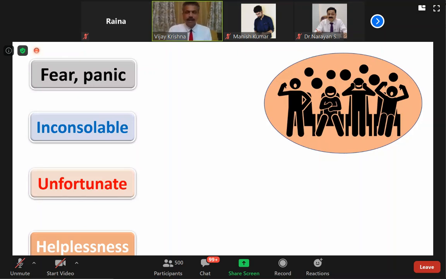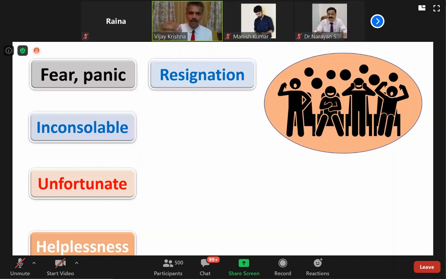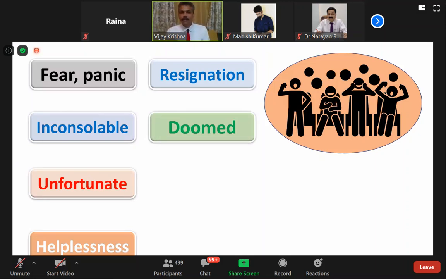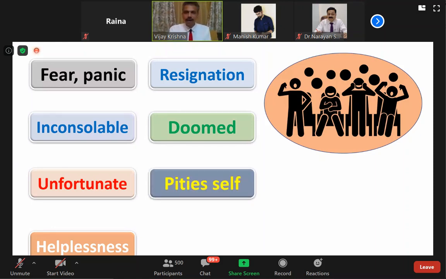Or they go into a state of resignation. They feel everything is over. They go into a state of discontentment, and they give up. Like they resign, they give up. Or they can go into a state of being doomed. It's the end of the world. So that is what we call the doomed feeling. Or they might start pitying.